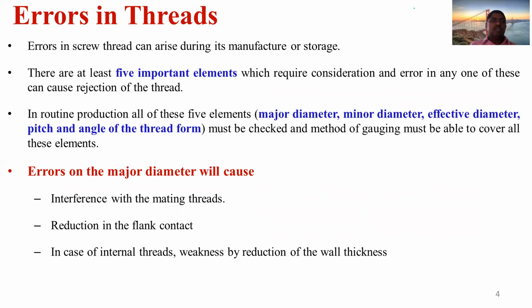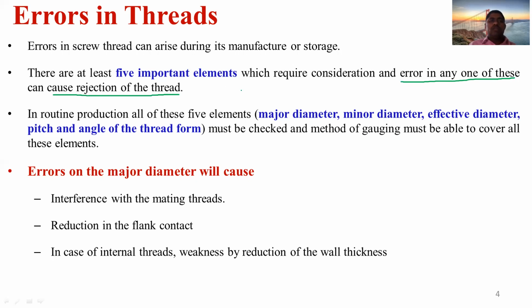So in order to check the accuracy of the screw thread, there are at least 5 important elements which must be considered for the measurement. The error in any of these 5 important elements causes the rejection of the screw thread.